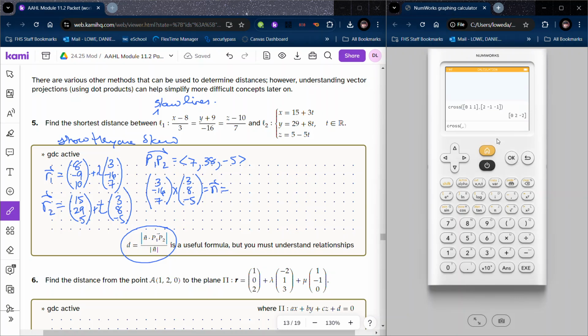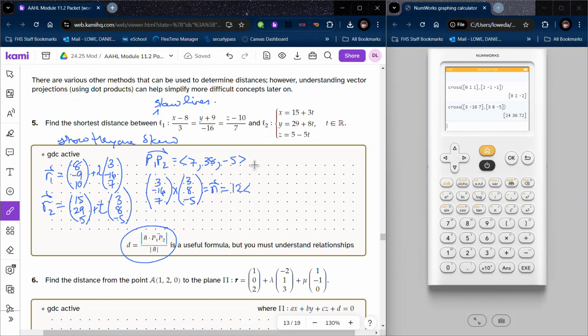I need to figure out a cross product. I'm going to do the cross product between 3, negative 16, and 7, crossed with 3, 8, and negative 5. If I find that cross product, that gives me 12 times 2, 3, 6, if I'm not mistaken.